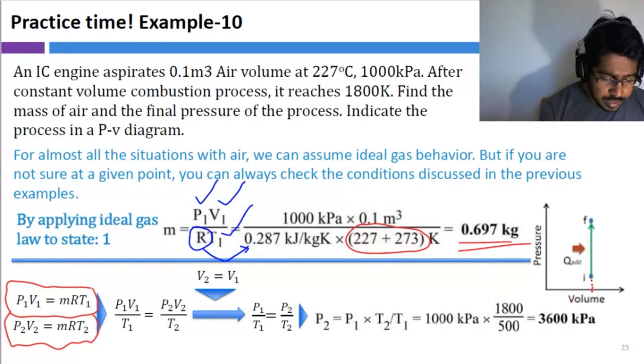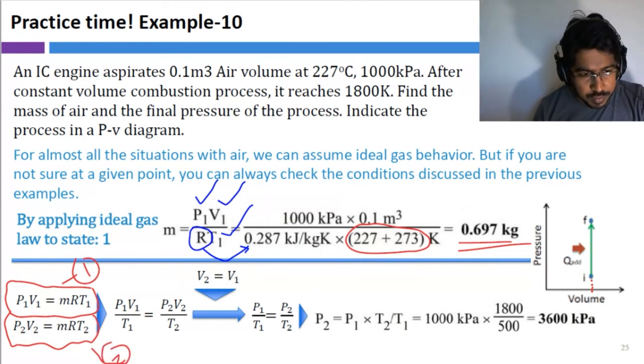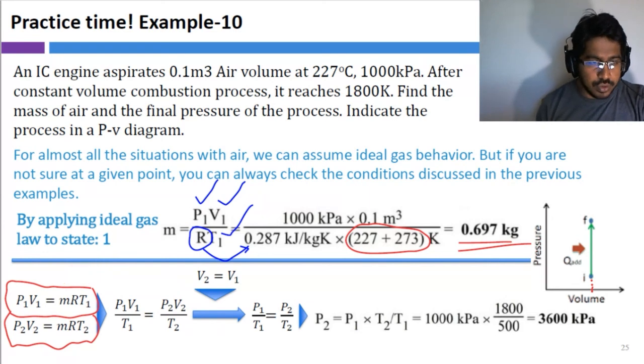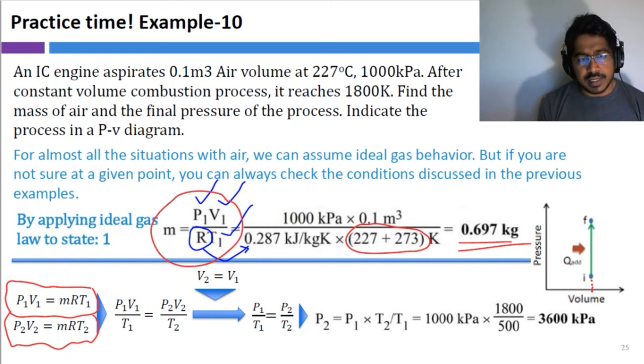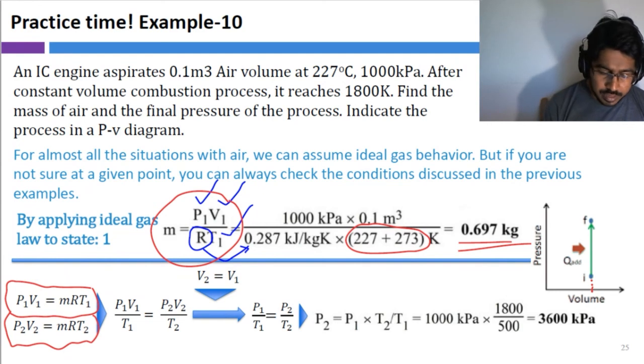Right? So we divide equation 1 by equation 2. No, not divide, sorry, my bad. We can do that as well, but rather than doing it, we can get an expression for m. The mass of the system does not change inside the system, right?